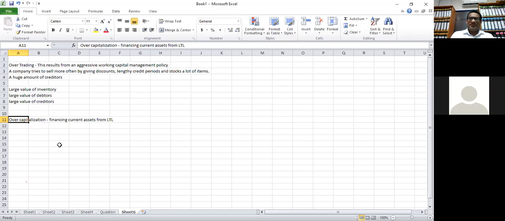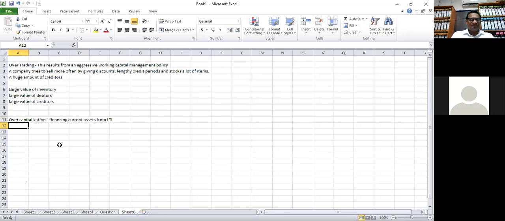So if you take a loan with a very high interest, and then invest that money in short-term assets, you are not matching the liabilities and assets properly. Overcapitalization is also not a good thing. You are generating lower returns which are not enough to pay back your liabilities.